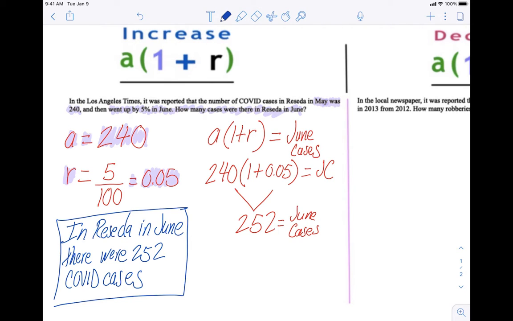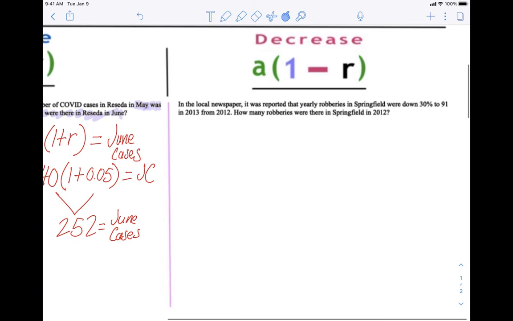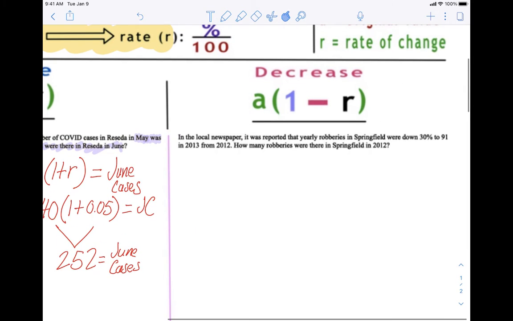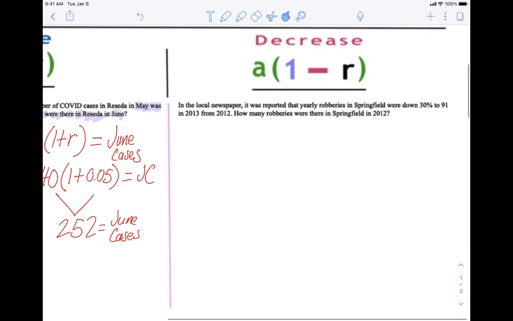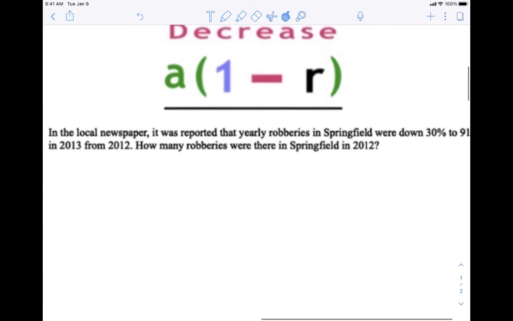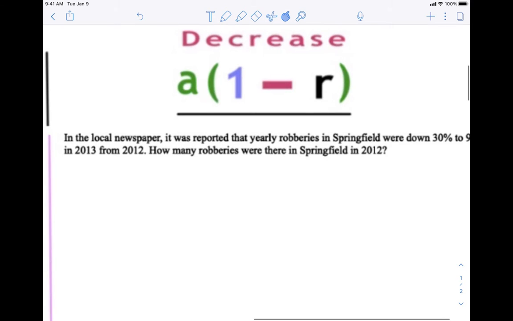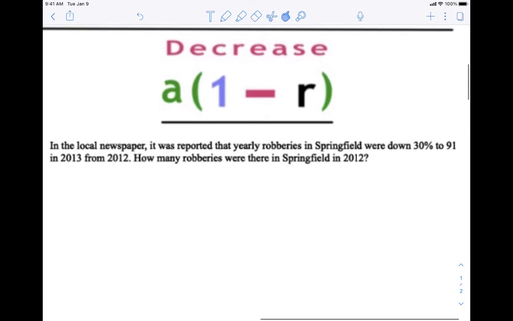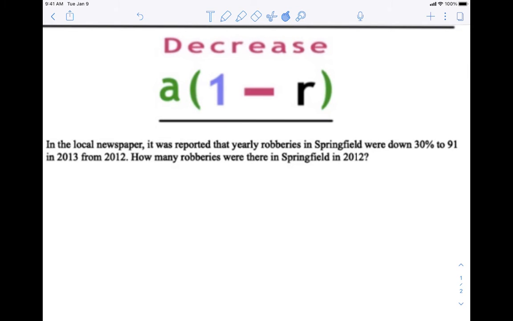All right. So let's take a look at a decrease example. Okay. So we know that this is a decrease problem here. Let me get it zoomed in, and there we go.